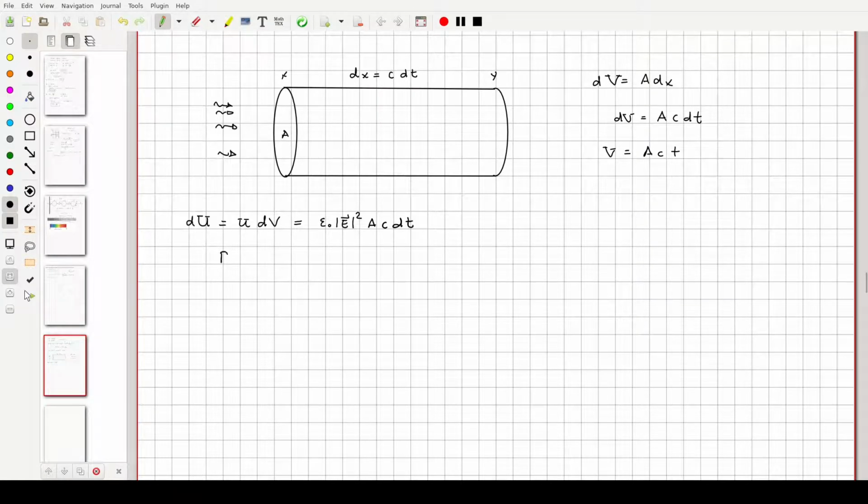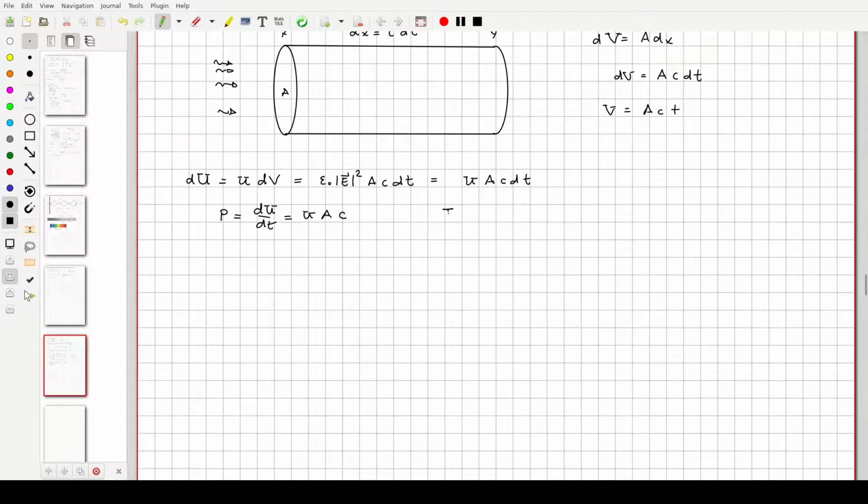The power would be dU dt. The dt's cancel.